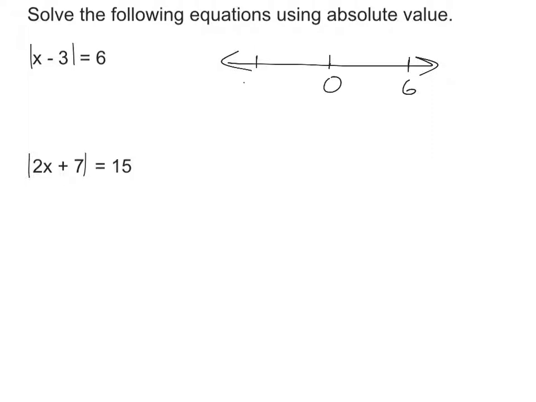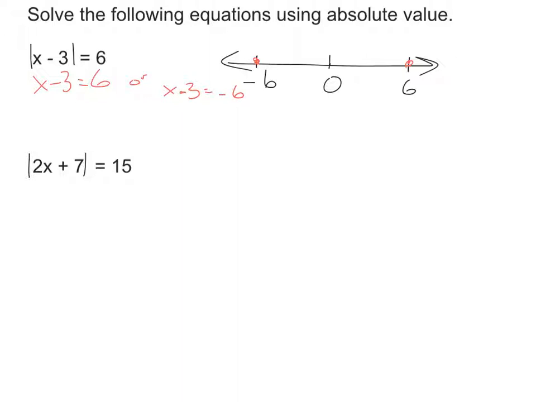I can go the other direction over to negative 6. Both of these are valid options. So whatever I do when I take whatever x is and subtract 3 from it, it lands at either negative 6 or 6. So I can say that x minus 3 equals 6, or that x minus 3 would equal negative 6, and that's a minus sign there.